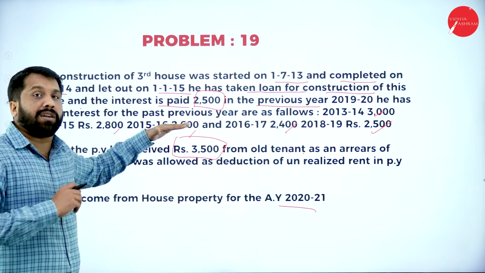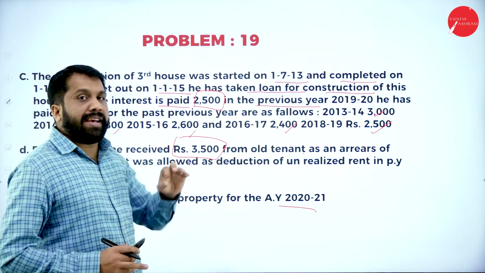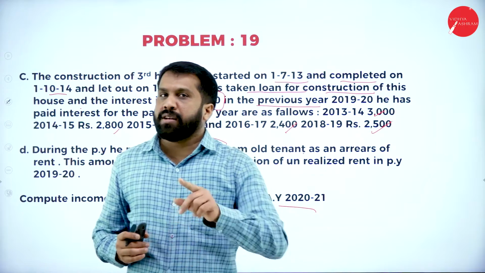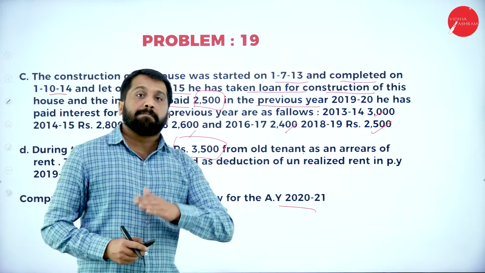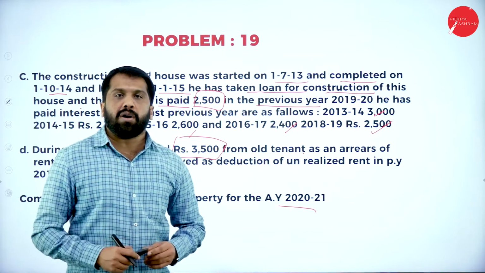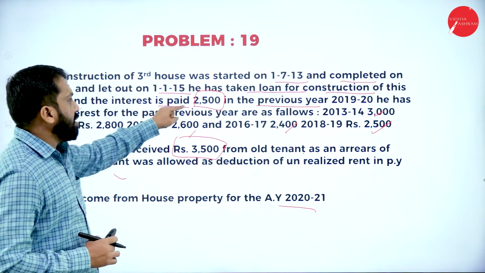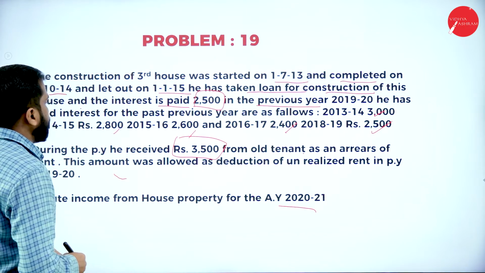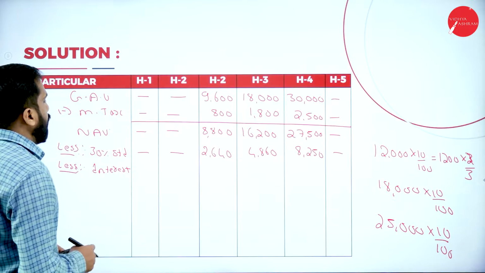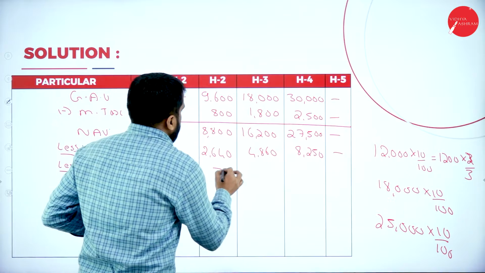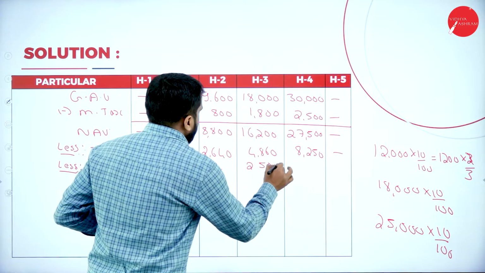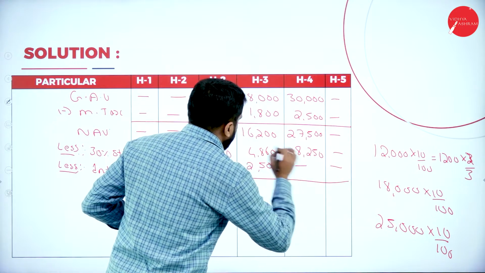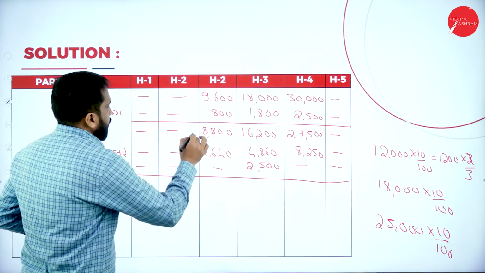These are the things we are not supposed to take. Now how much can we consider? We can consider 2,500 for the previous year. 2,500 for house 3.